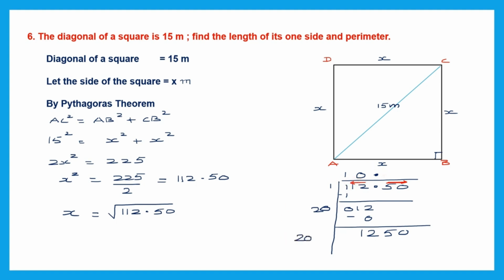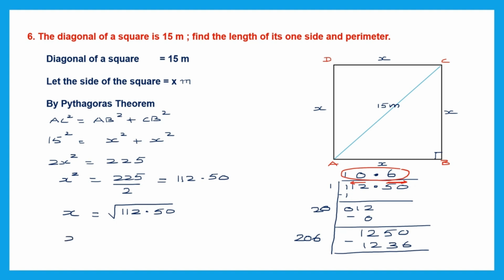Now I need to get a number next to this in such a way that when I multiply with the same digit, I get somewhere close to this. So I'm going to multiply this with 6. So if I multiply with 6, I need to add 6 here. So 206 into 6 will give me 1236. Now I can continue this way, but here let's stop with this. So this is 10.6. Let's stop with this.